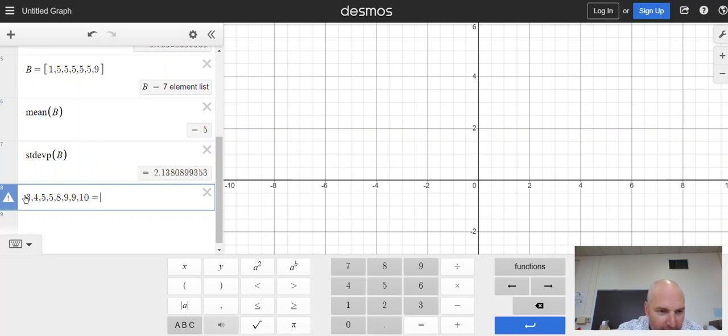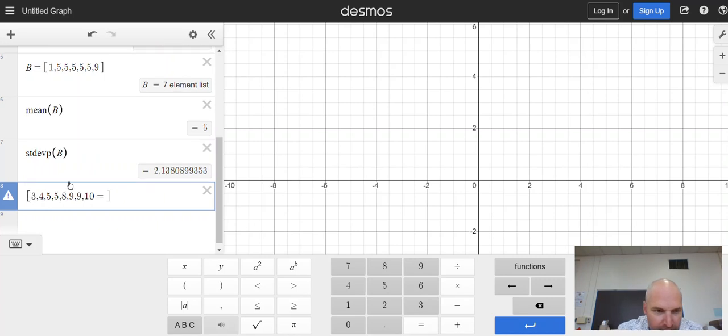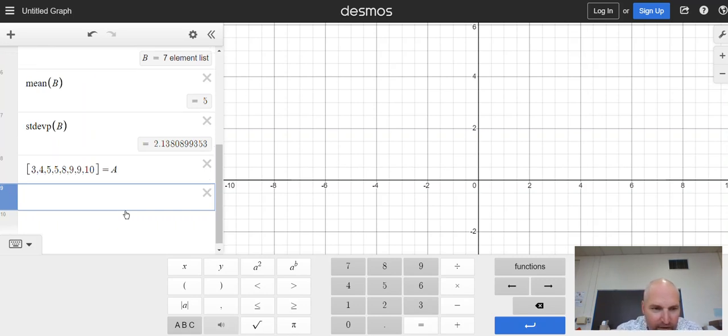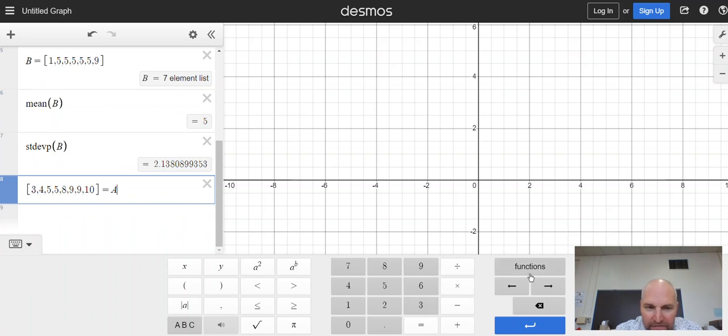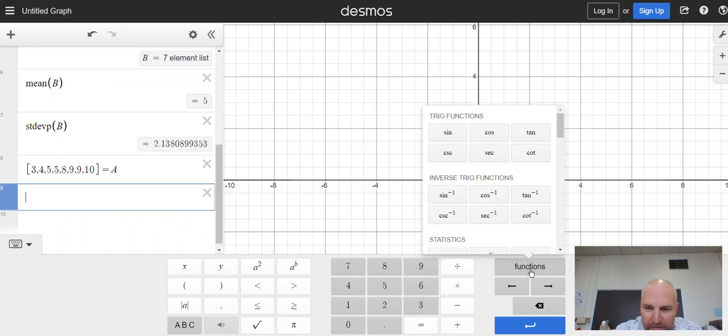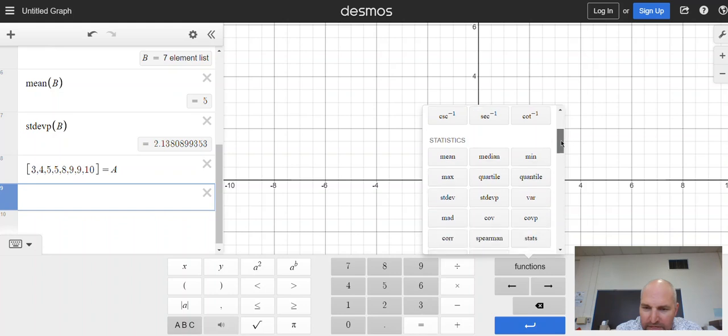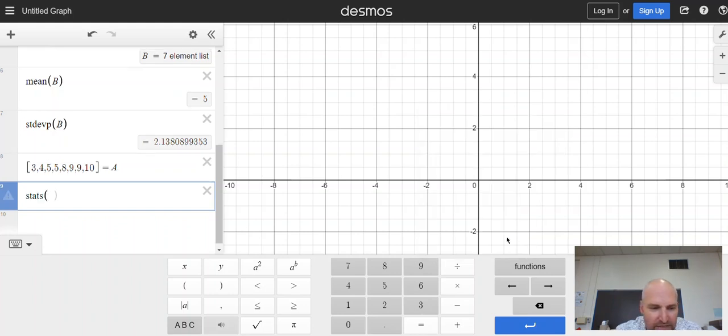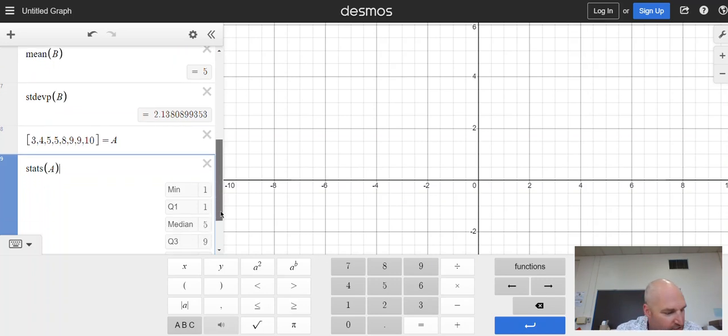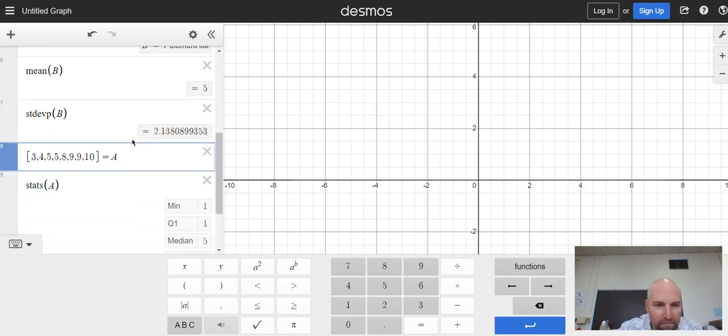I'm going to label this A. Actually, I should probably put this in a bracket. This is the easiest peasiest thing you ever seen. Capital A. Enter. Now I'm going to go to functions, down to statistics. Stats of A. And it spits out my minimum, which is 1. Oh, wait. That's not what I want. Hold on, let me back it up.